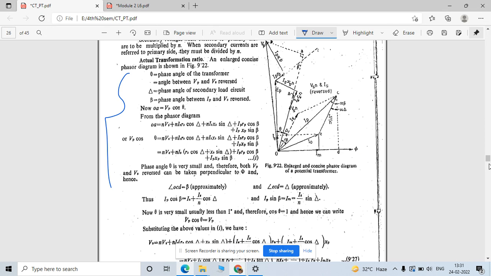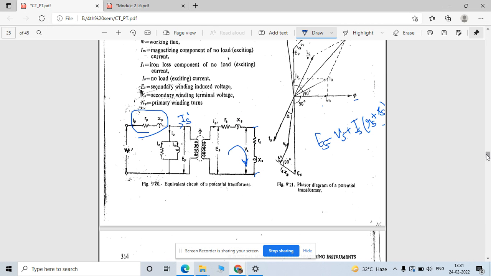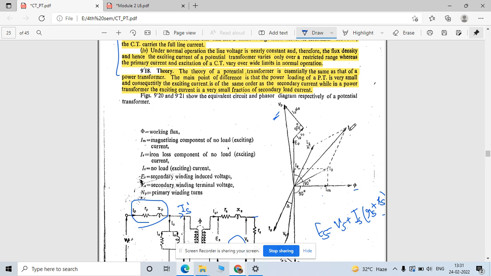So by this way you can draw this is by n, which is nothing but your is dash. So the sum of these two components is nothing but your IP here. See this IP, and because of this resistance, this is a vector, you can say transformation, you can consider it.